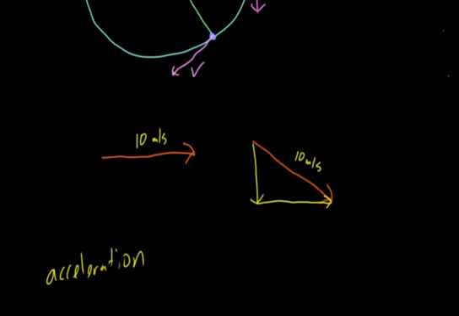Maybe let me switch colors. This is acceleration. So there's some acceleration, and we don't know how much it is, but there's some acceleration down, but there's also got to be some acceleration backwards. Why? Because remember, this length is smaller. So not only is it speeding up in the y direction, because we've got a y component now, it's also slowing down in the x direction.